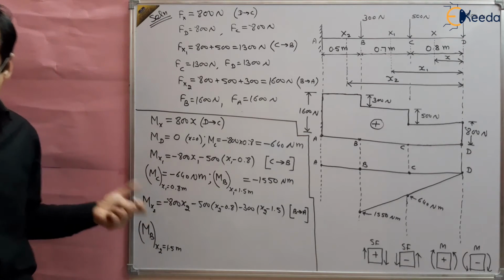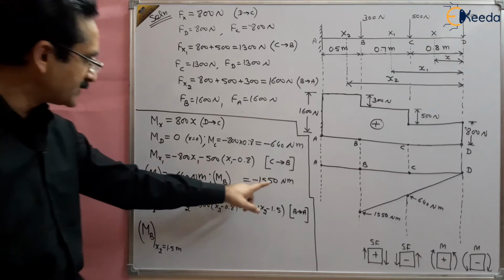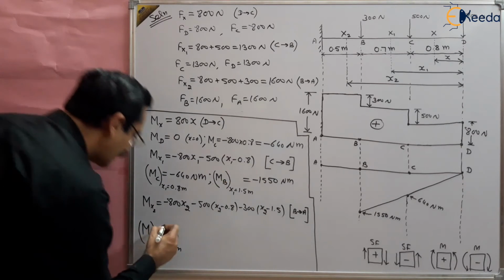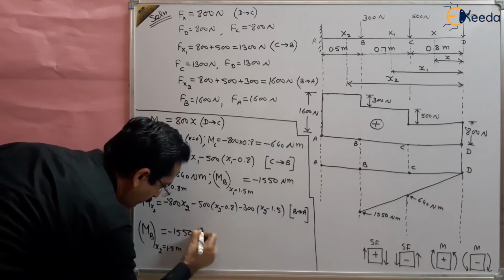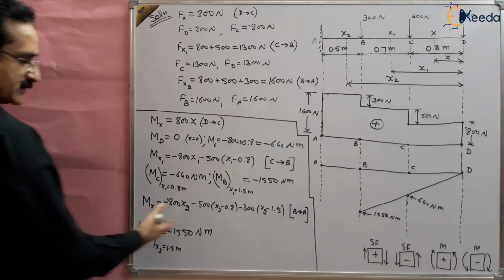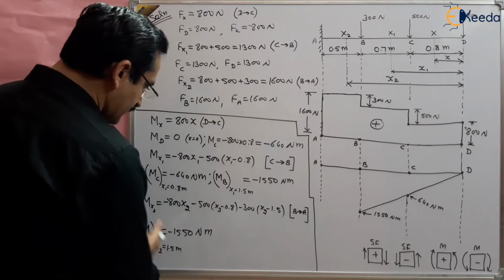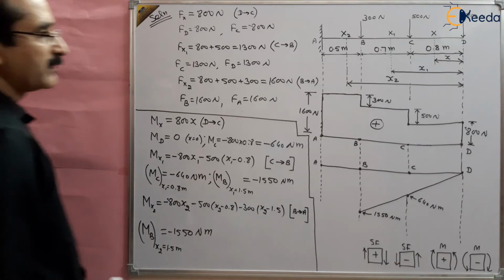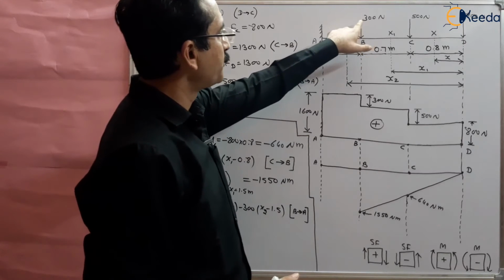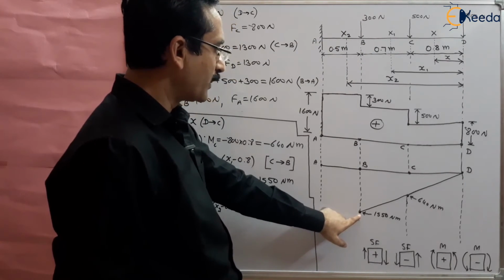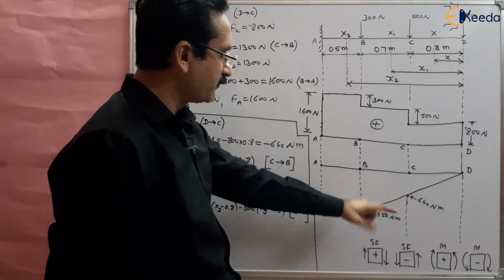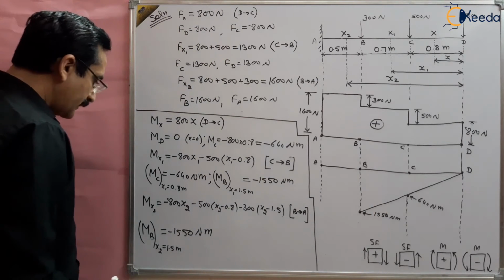What is the value of MB? It will come out to be the same, minus 1550 Newton meter. Check it, put the values and you will get the same value, because there is no change at a point where the load is applied, right? So there should not be any change in the bending moment at this point. So this is 1550.